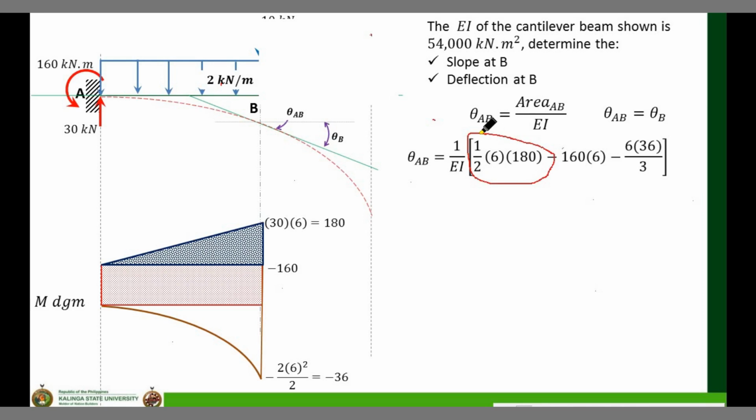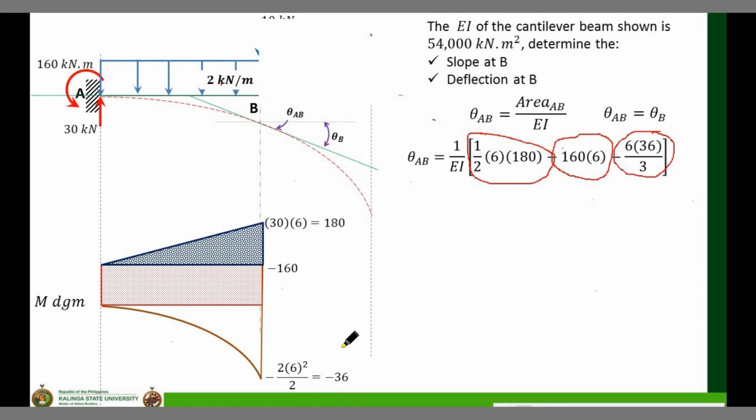This is the area of this blue triangle. Dito 160 times 6, that is the area of this rectangle. Then, itong 6 times 36/3, that is the area of my spandrel.